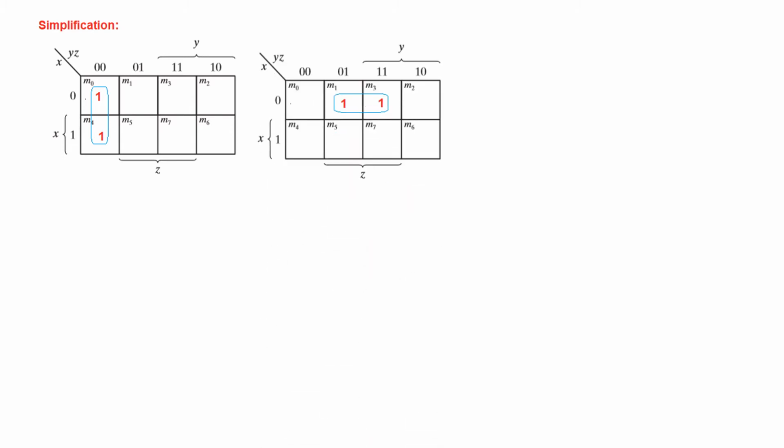Okay, now let me explain some of the methods of simplification. If you have two which can be shared, then we will share like this. These two can also be shared.